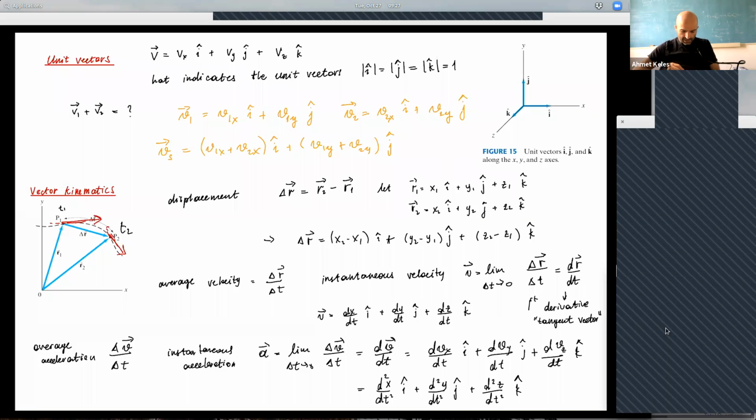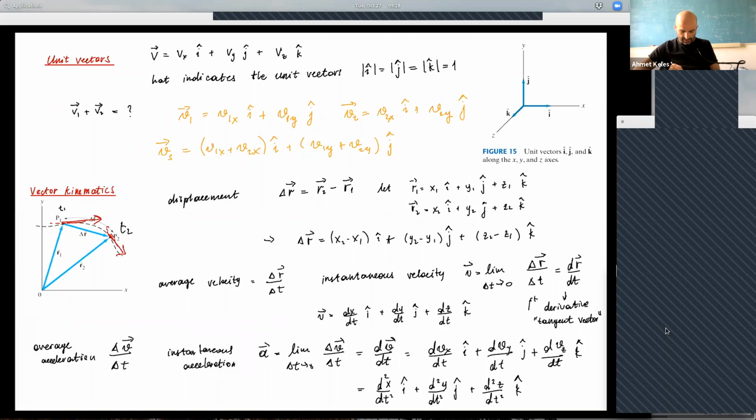And you can do this decomposition for velocity too. V vector is dx/dt i hat, dy/dt j hat, and dz/dt k hat. From velocity, we can do the same thing for acceleration. We first calculate average acceleration, change in velocity divided by change in time, and instantaneous acceleration where delta t goes to 0.